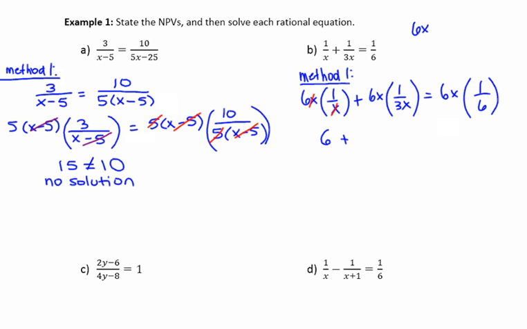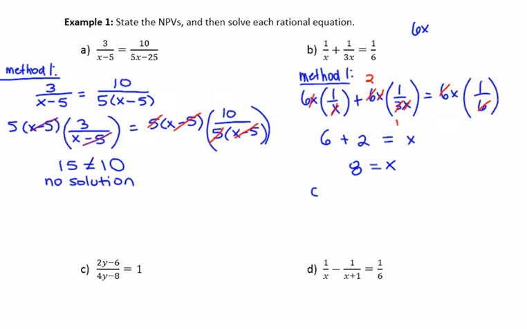The x's cancel, and what can we divide both those by? 3. So we're left with 1 and 2. 2 times 1 is just a 2. Plus 2 equals? What cancels here? 6. Just x. So 8 equals x.